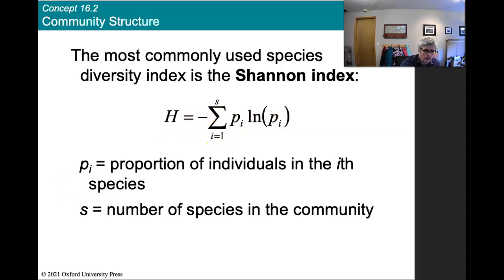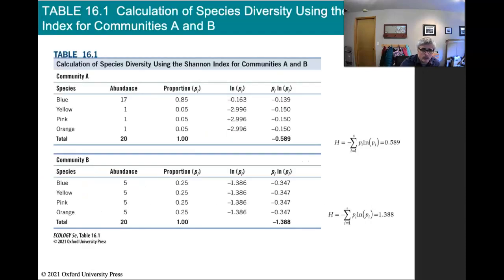And so we'll walk through an example here. So here, I guess they were blue. I thought they were purple, I apologize. So here is the calculation for species diversity for the butterfly graph. And so we'll talk through this and we'll jump back and look at the butterfly data. So we have our 4 species of butterfly: blue, yellow, pink, and orange, and then the total.